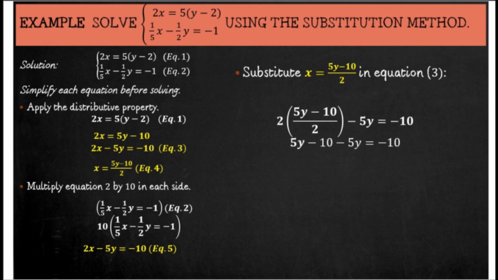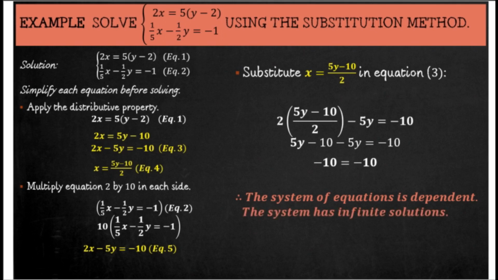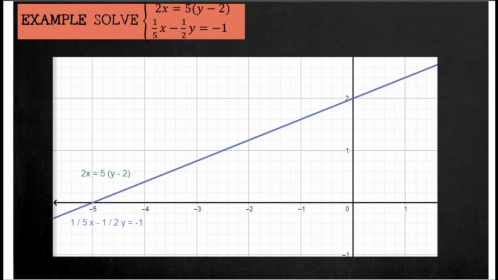Simplifying this gives us negative 10 equals negative 10. Since no variable was left and the resulting equation is true, the equations of this system are dependent. Hence, the system has infinite solutions. Graphing both equations will result in the same line.